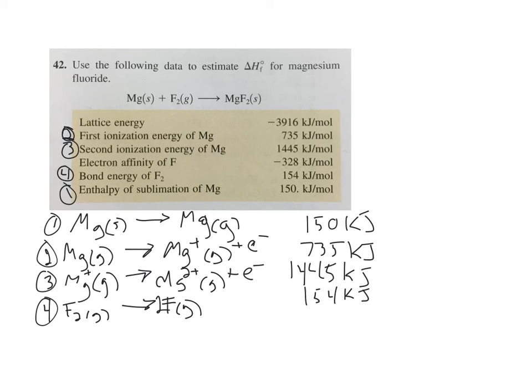Now that we have broken the bond, we have to turn fluorine into an ion so that it can combine with the magnesium. In order to do that, we take the 2 fluorine atoms plus 2 electrons, and we end up with 2 fluoride ions.